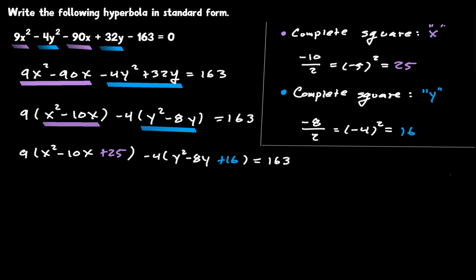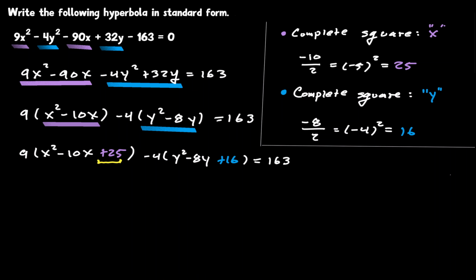Now, on the right-hand side, we need to balance the equation because we added 25 and we also added 16 on the left-hand side. But do not make this mistake. We do not need to add 25 and another 16 on the right-hand side as well. That will be incorrect. Because notice where we added the value of 25, we added it inside the parentheses.